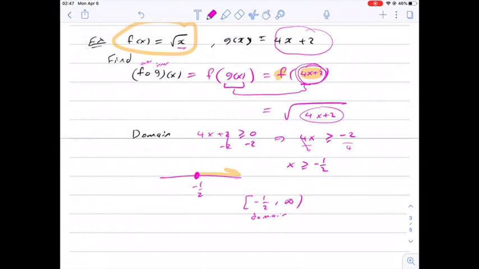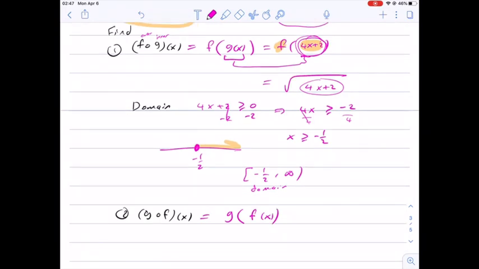Now let's find g circle f of x. g compose f of x. Now we apply the same formula. This is g of f of x. Same notation.